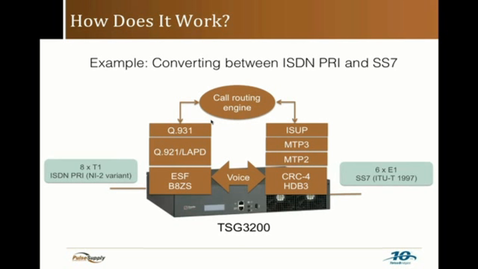Now the signaling converter, which is performing the connection between these two networks, has to implement the different layers to connect to the different physical interfaces, and then also implement the protocol layers that are involved in these two signaling protocols, that is ISDN on the left and SS7 on the right. And the signaling converter, of course, implements a call routing engine, which allows it to perform the call handling as the calls come into the device. So let's look at both the left-hand side and right-hand side.